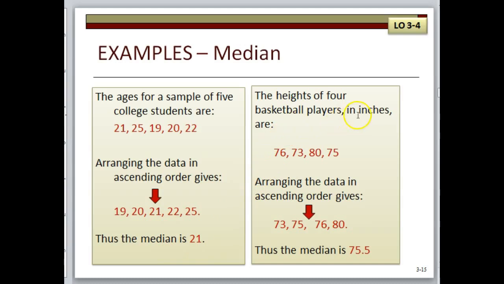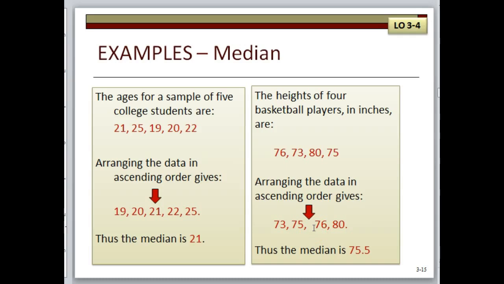Now if we look at this next example, it's the heights of 4 basketball players in inches. So they've given them here, and the first step is to rearrange them in ascending order. What you notice here is that the middle is actually not one of our numbers. We have to calculate it.